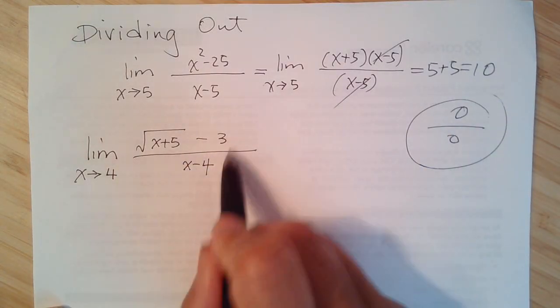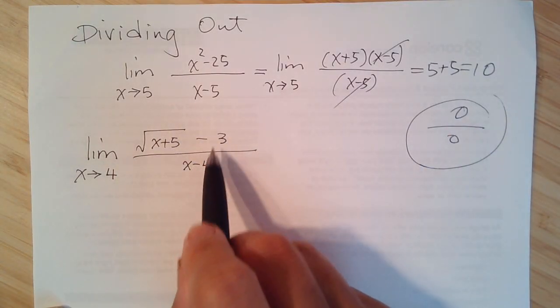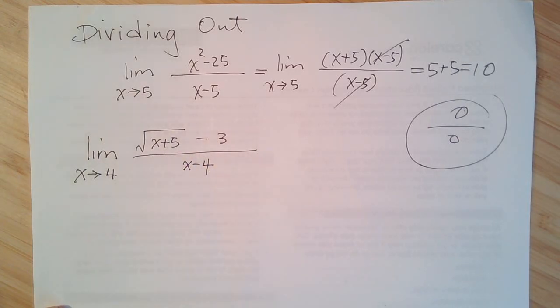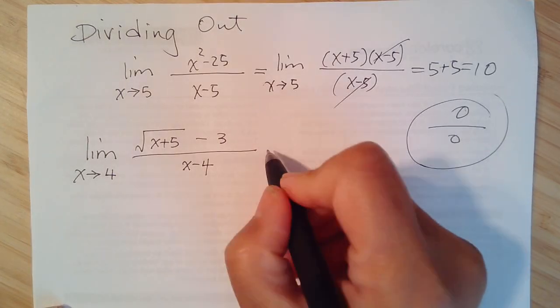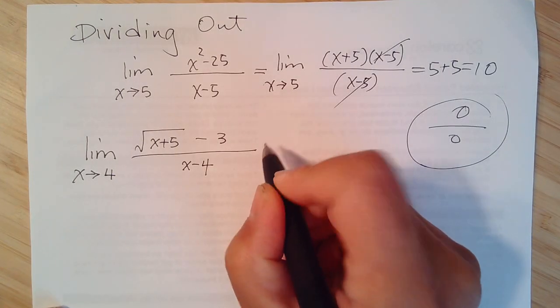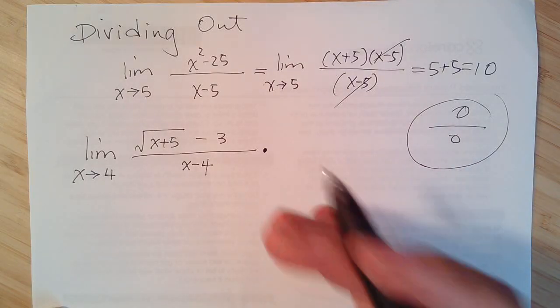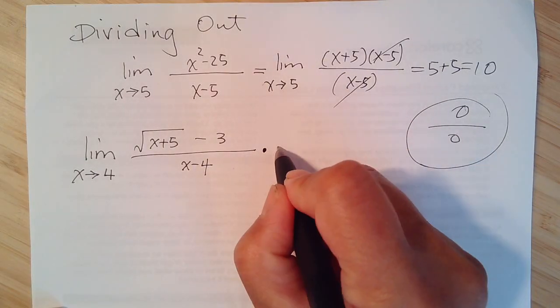Now, if you have a 0 over 0 type, and you have a square root, I want you to rationalize it. We call that the rationalizing method. When you rationalize, you're going to multiply by its conjugate, right? What is a conjugate?